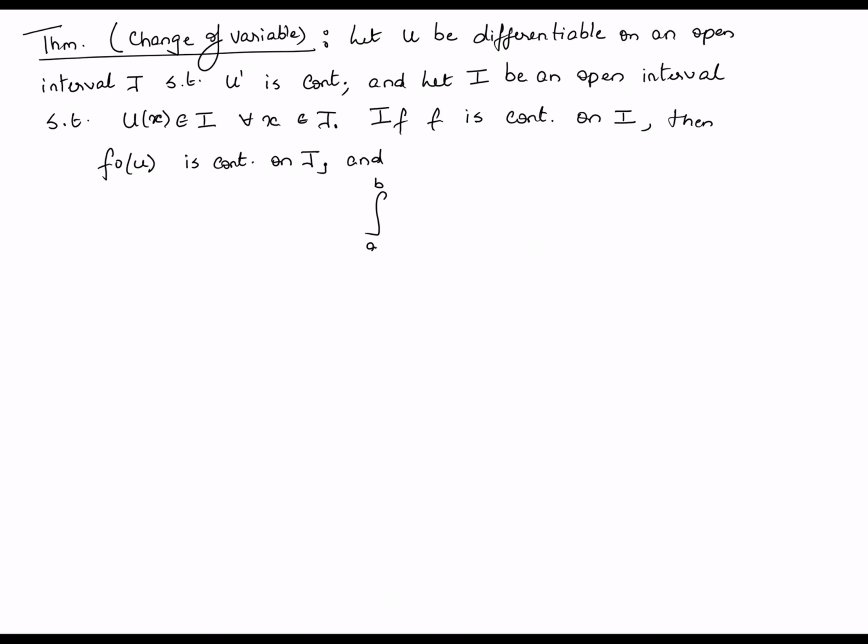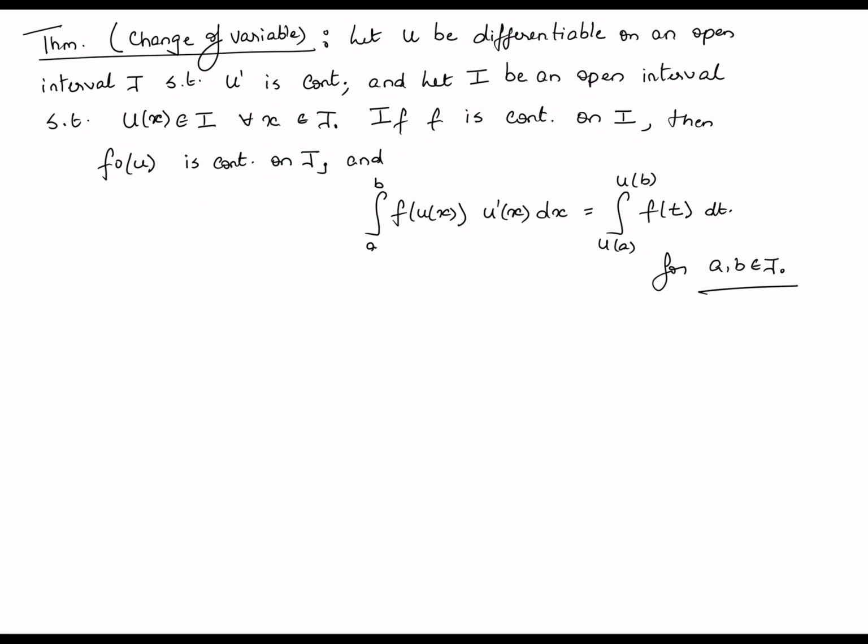Integral from a to b of f of u of x times u prime x is equal to the integral from u of a to u of b of f of t dt. This is true for a, b in J.